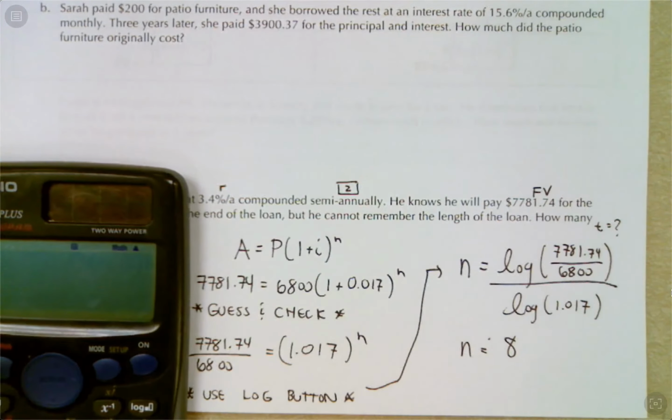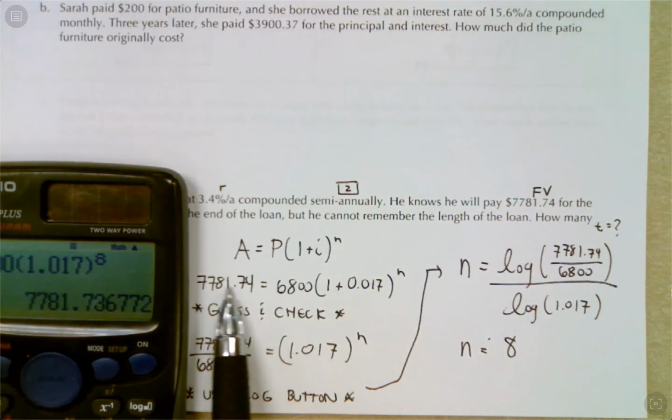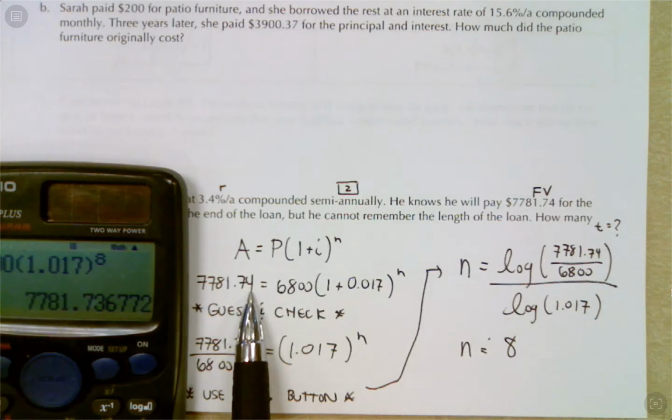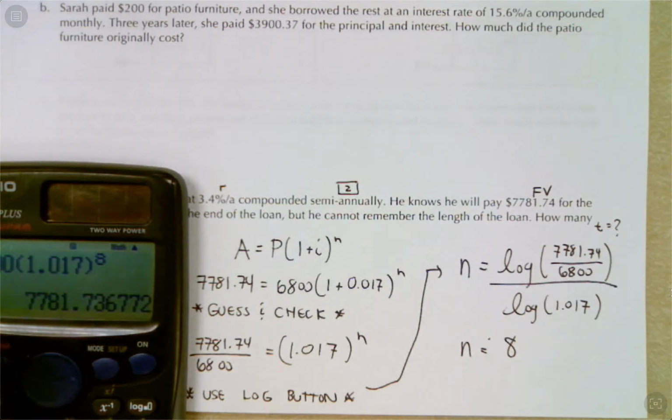So I'm going to show you that 8 works. 6800, 1.017 to the exponent 8 should give us that number. And it does, pretty much exactly, actually. So 8 is the answer for n.